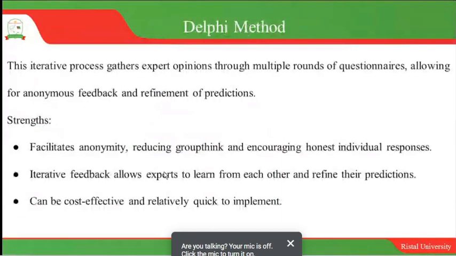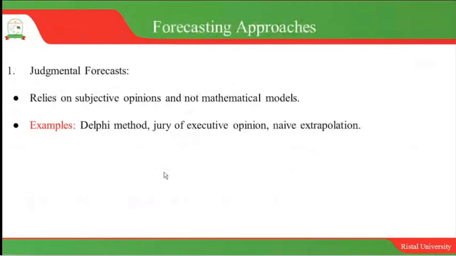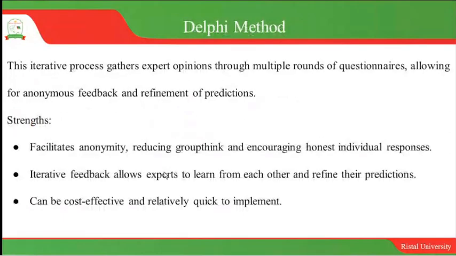We have a clarification of these particular methods here now. The first one is the Delphi method. This is an iterative process that is meant to gather expert opinions through multiple rounds of questionnaires.